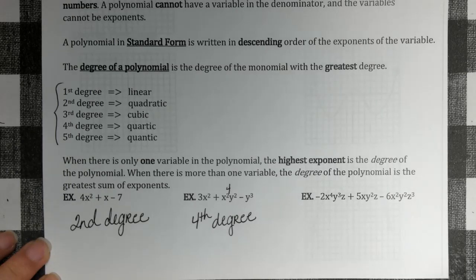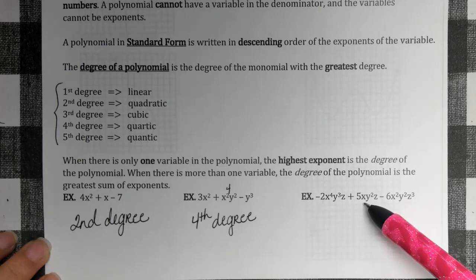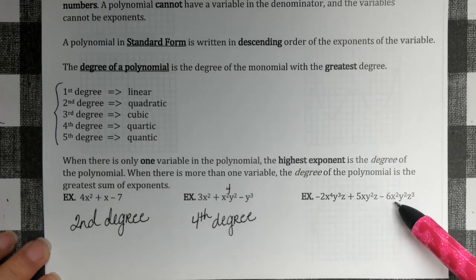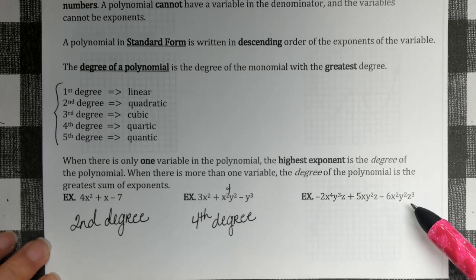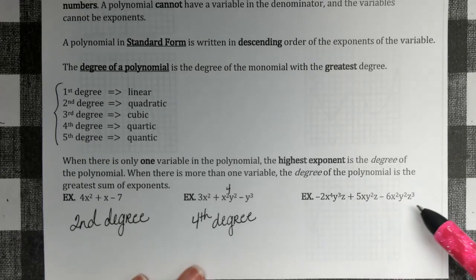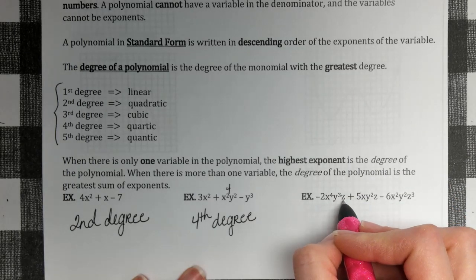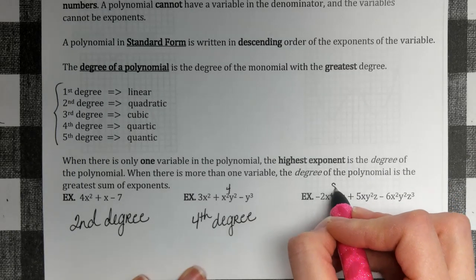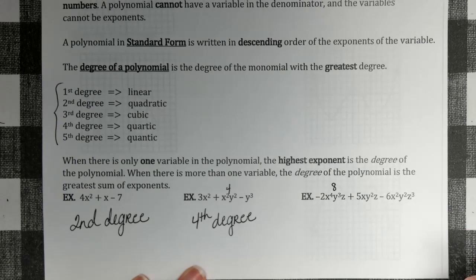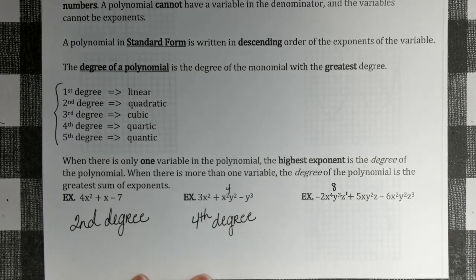So then, if I look at my next one, negative 2x to the 4th y cubed z plus 5x y squared z minus 6x squared y squared z cubed, I'm going to add all of those together per term. So x to the 4th y cubed z is going to give me what? Give me 8, right? Because that z has an exponent understood to be 1.